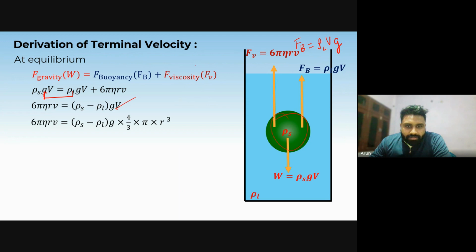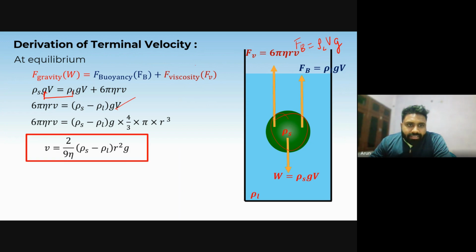We will take this term to this side. So v will become 2 by 9 eta, rho of solid minus rho of liquid, r square g. This is the velocity of this ball.